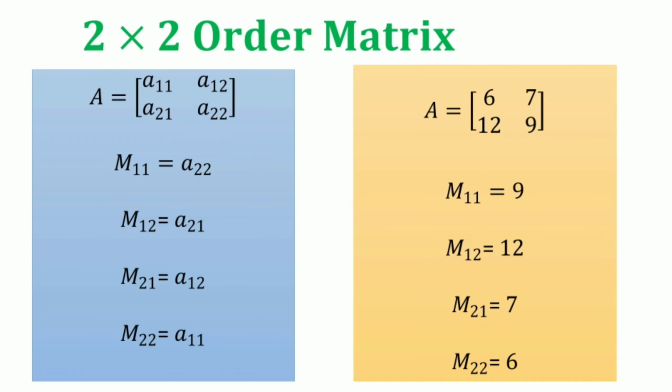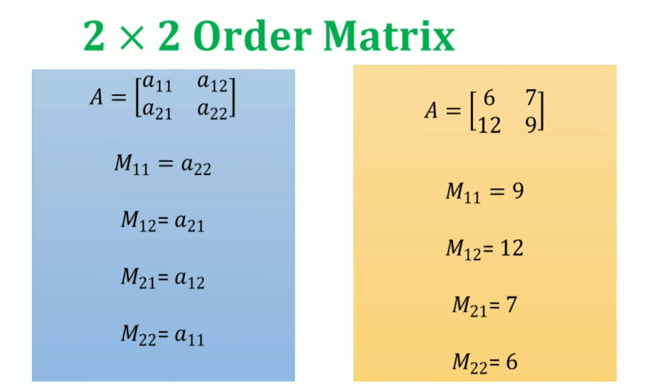Similarly, corresponding to the second element A12, we have the minor M12, which is found by crossing out the row and column corresponding to A12. What remains is A21. The third element is A21.